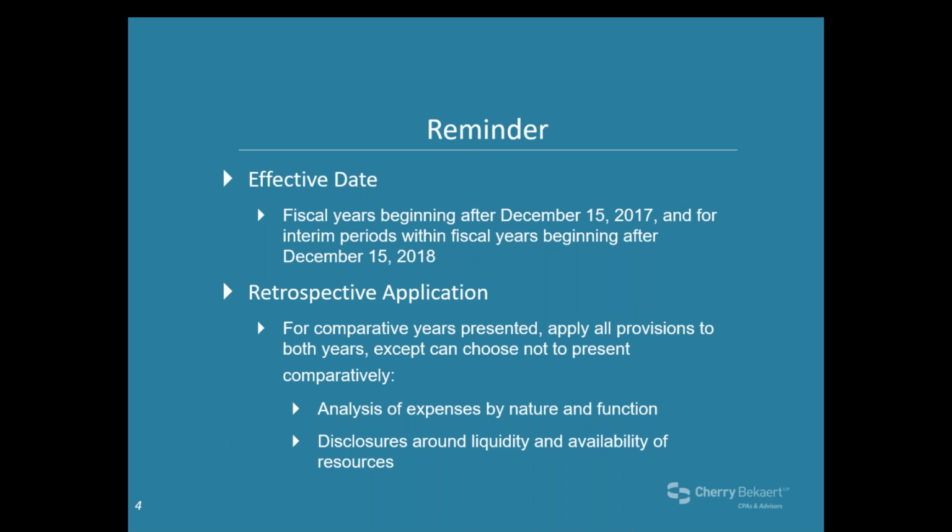And as always, in the period the amendments are applied, if you do have any reclassifications or restatements that occur, those should be disclosed. And if your entity does go through an audit, you will more than likely have an emphasis of matter paragraph in your opinion, just explaining that the entity did adopt the ASU and it did have an impact on the face of the financial statements.